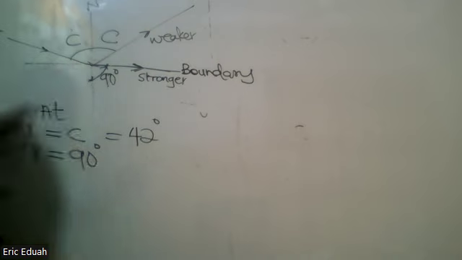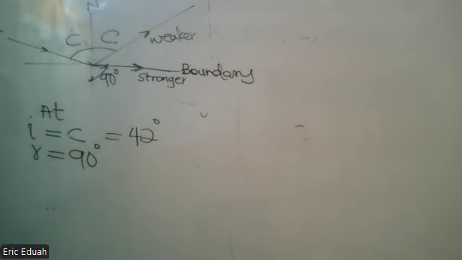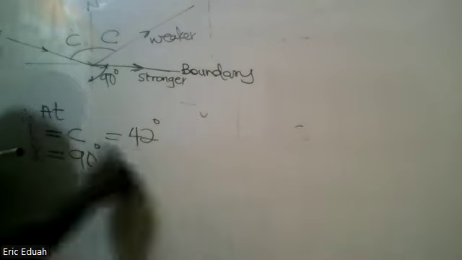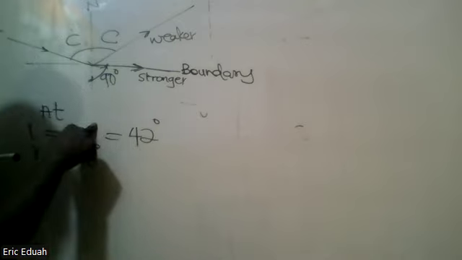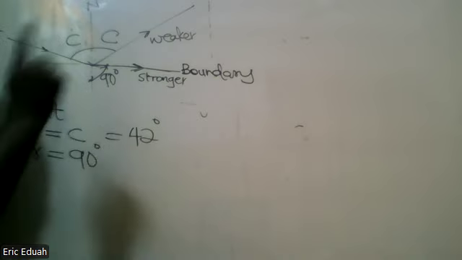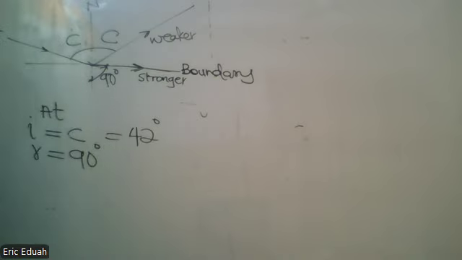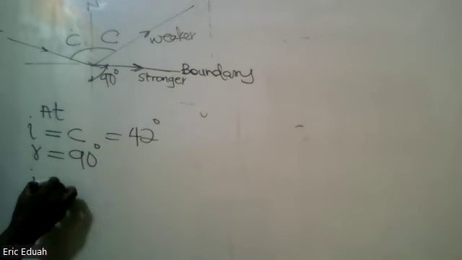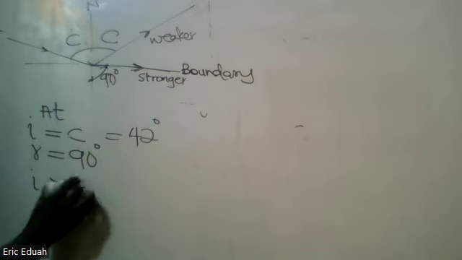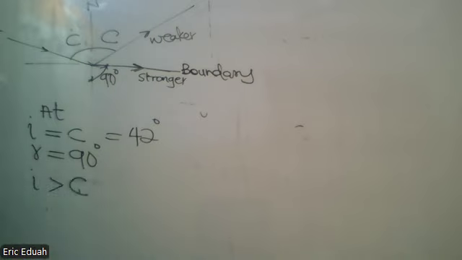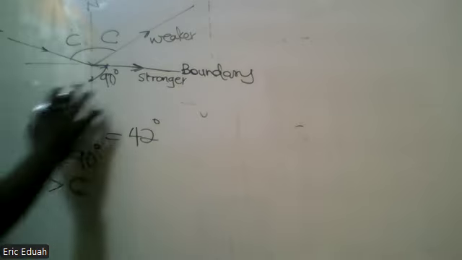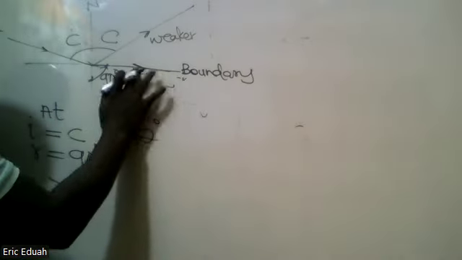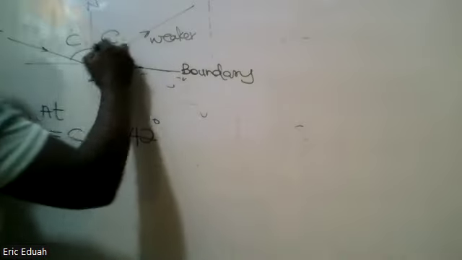In a material, you must know the critical angle of the material, which is where the incident ray must be at. Now, if the angle of incidence is greater than 42, or C, the critical angle of the material, this is what will happen. Every refracted ray passes to the reflected.